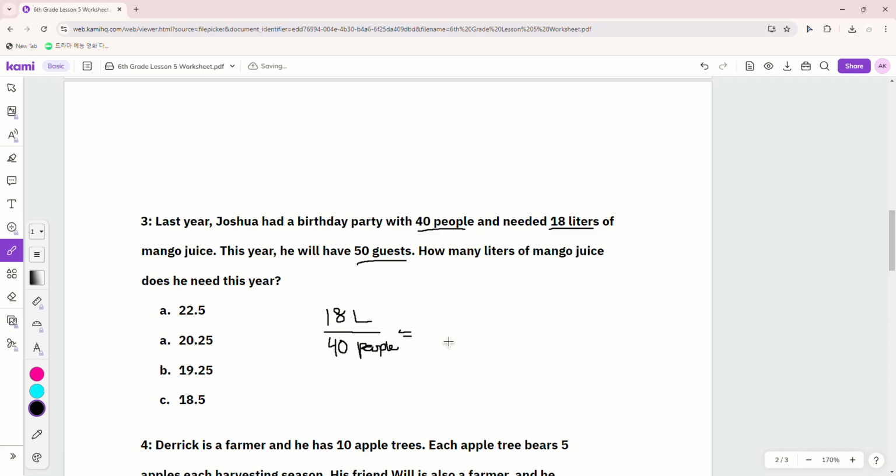So this gives you 0.45 liters per person.